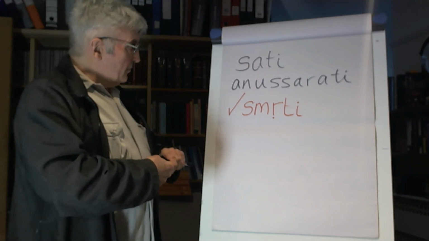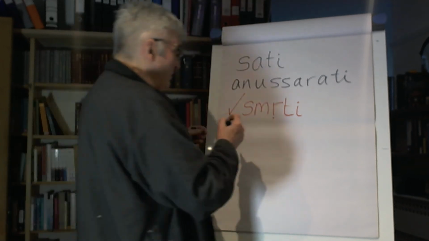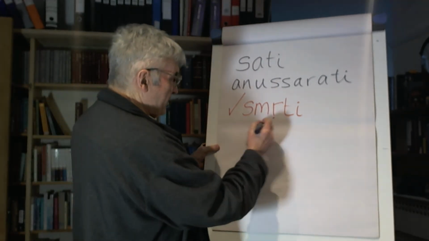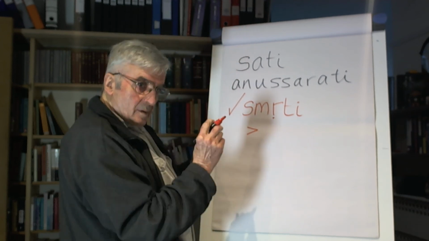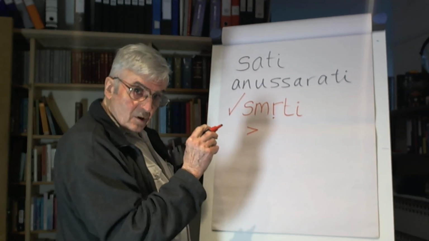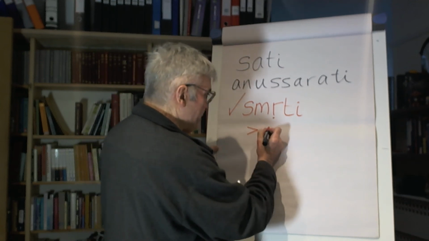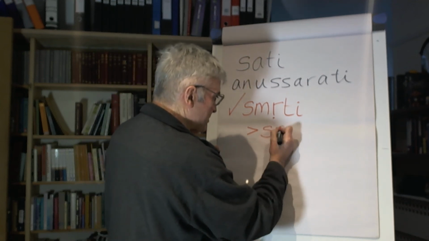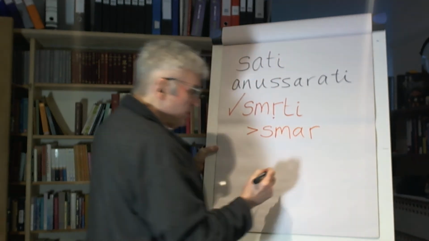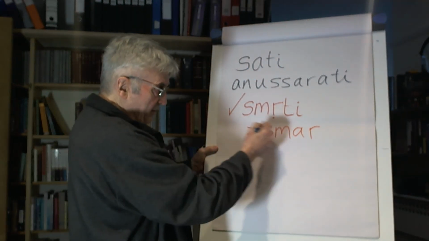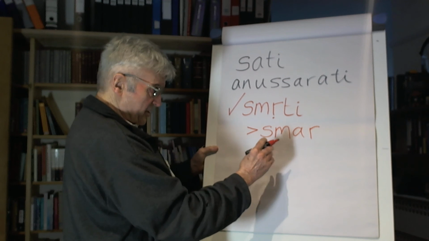Anusarati, this verb forms its present conjugational stem, smri, changing the ri into smar. It's a regular formation, by the way. I won't trouble you with detail now.